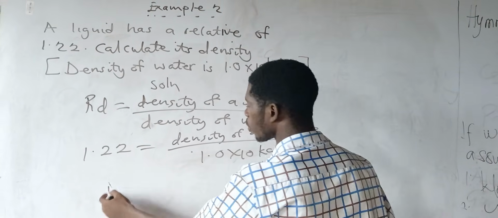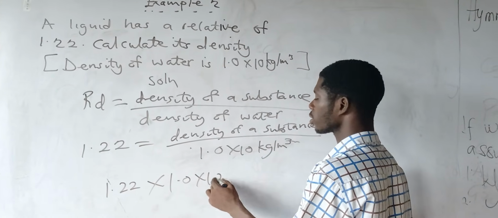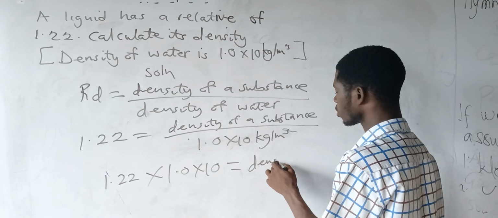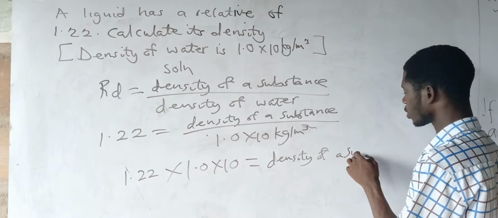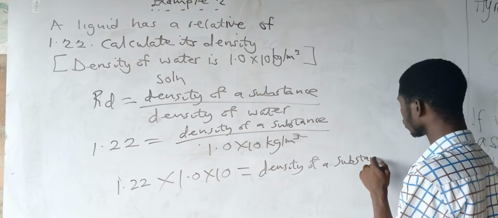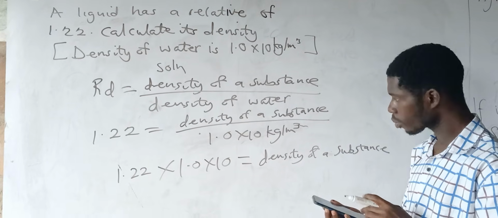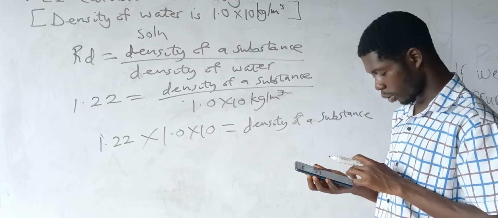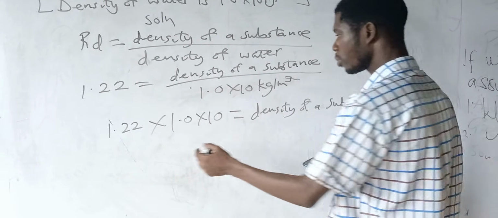So now we get 1.22 multiplying 1.0 times 10, that's equal to the density of the substance. So let me use my calculator. 1.22 multiplied by 1.0 times 10. That's 12.2.